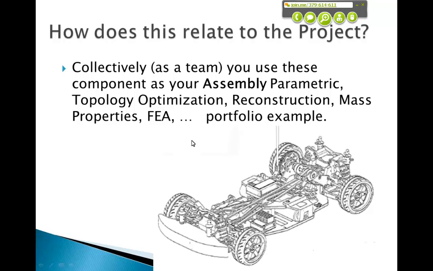You could then verify or talk about the assembly finite element model, what is the strength of the lower chassis and the upper chassis when it's tied together into an assembly finite element. And collectively, this represents a portfolio example for the entire team.